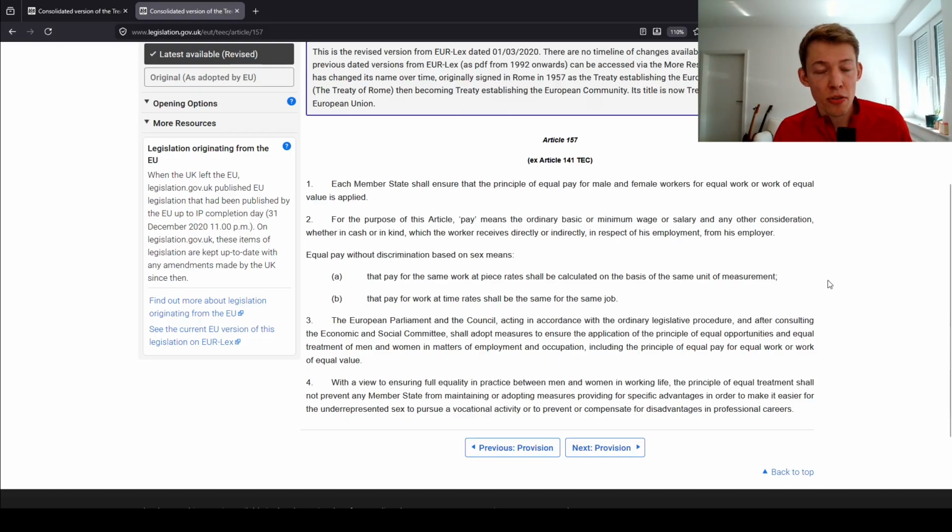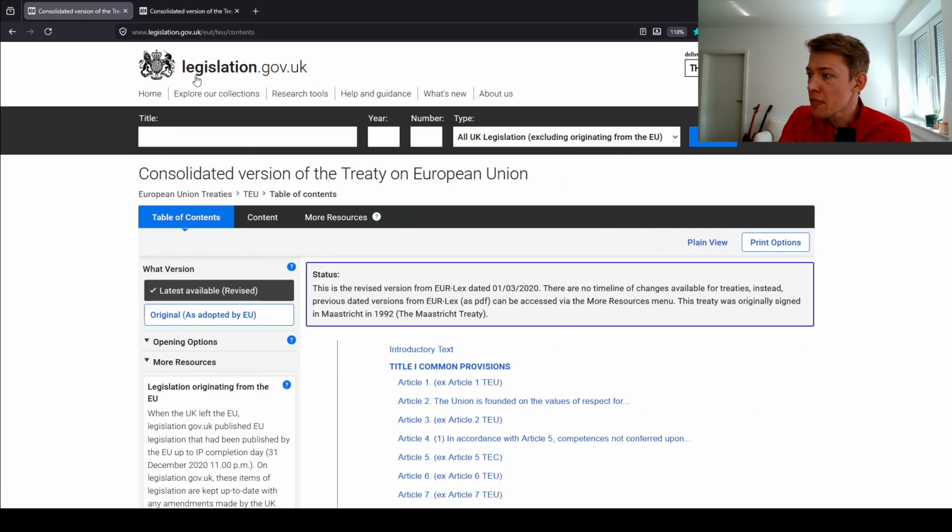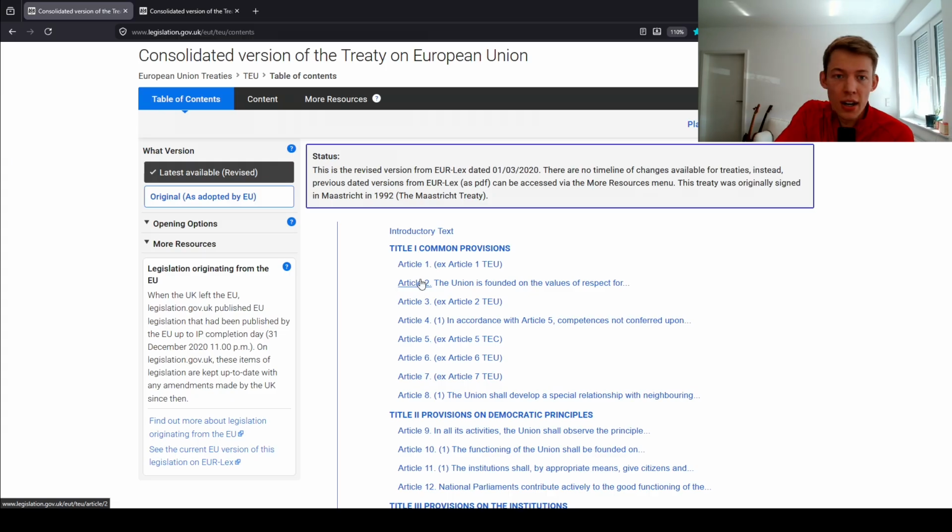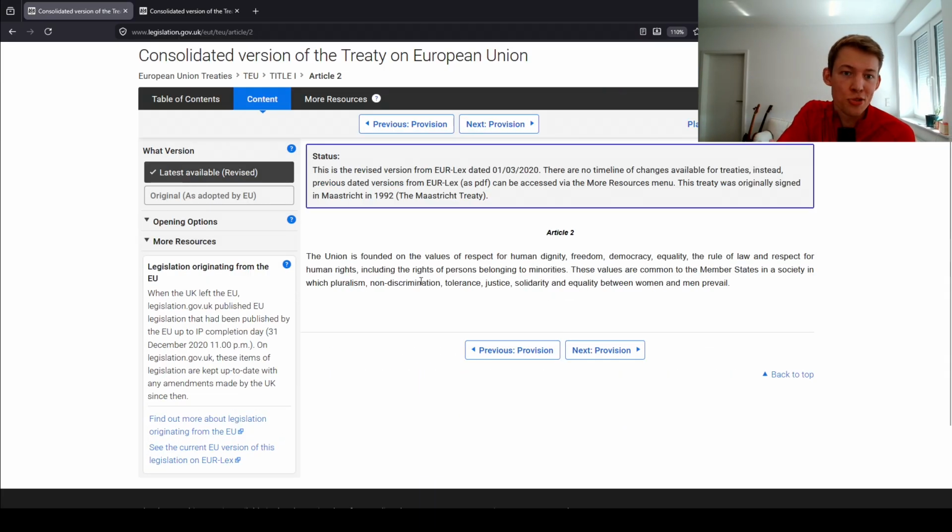Now, an example of a provision from primary law which would not have direct effect is in the Treaty on European Union, Article 2. It says the Union is founded on the values of respect for human dignity, freedom, democracy, equality, and the rule of law.